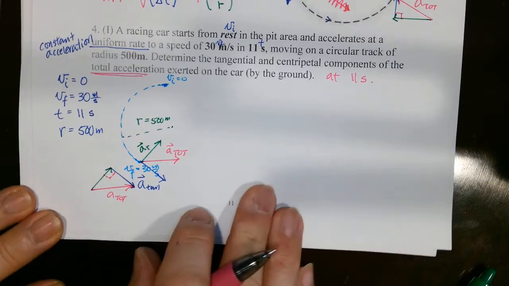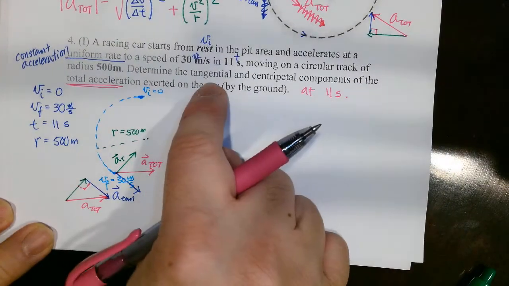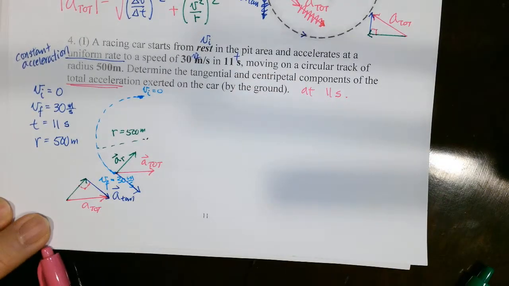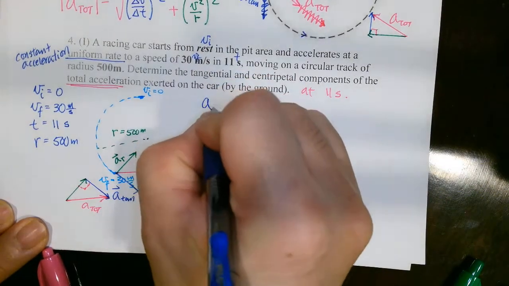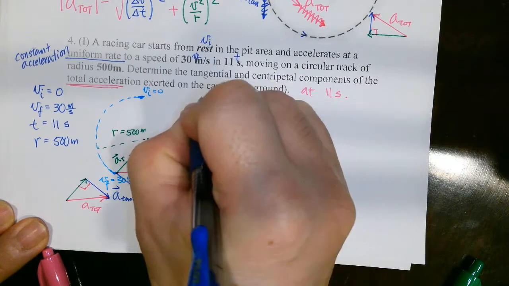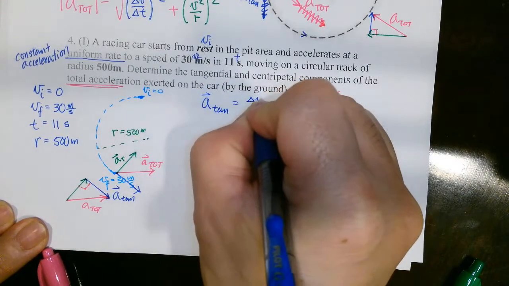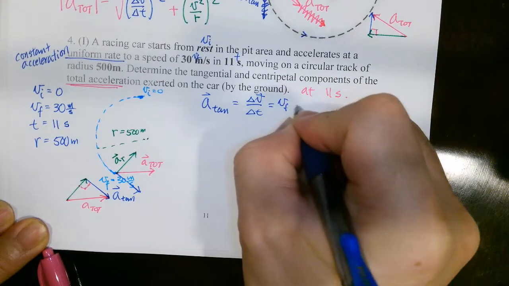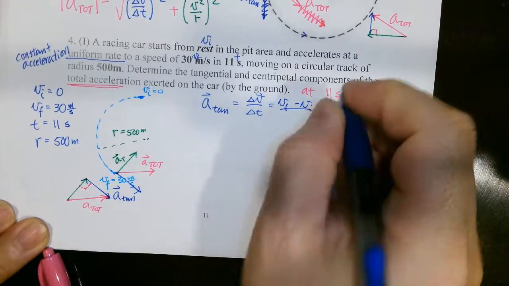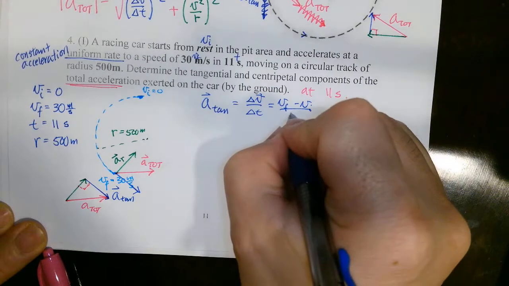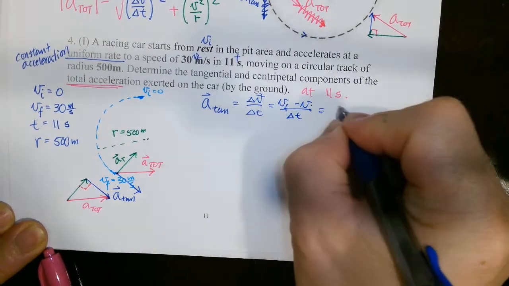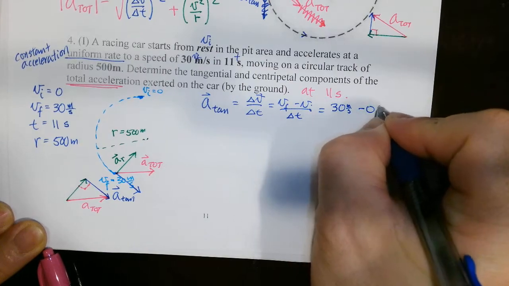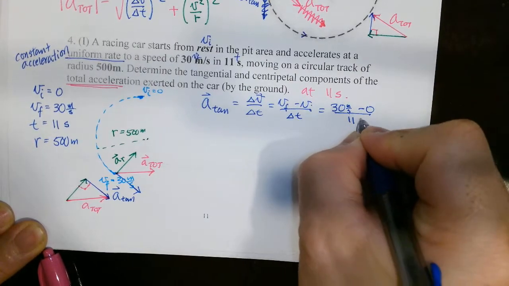Since they want us to figure out tangential and centripetal components, we could figure out A tangential pretty easily. That is equal to delta V over delta T, which is VF minus VI over delta T. So VF, 30 meters per second, minus 0 over 11 seconds.